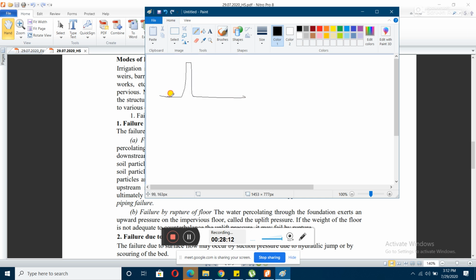This is your weir wall. Okay, so suppose this is your impervious floor that is being constructed, and from this there will be a seepage, and it will be like this. Okay, so what happens here, there are soil particles, and this is the nature of the flow of the water.